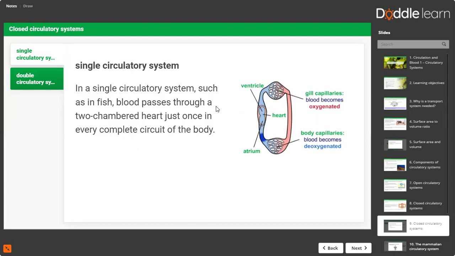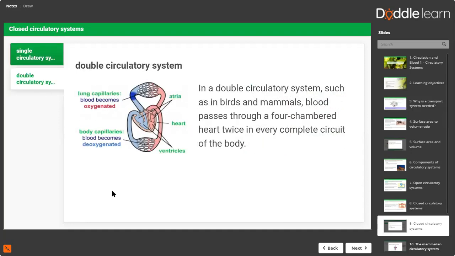Blood passes through this two-chambered heart, which just has an atrium and ventricle, just once in every complete circuit of the body. From the ventricle, we have deoxygenated blood. We've got gill capillaries here, where blood becomes oxygenated. Here we've got oxygenated blood. We've got body capillaries here, where blood becomes deoxygenated, and then it goes back to the heart.